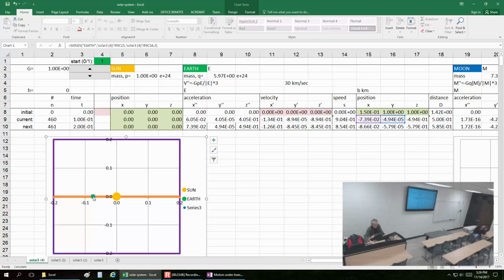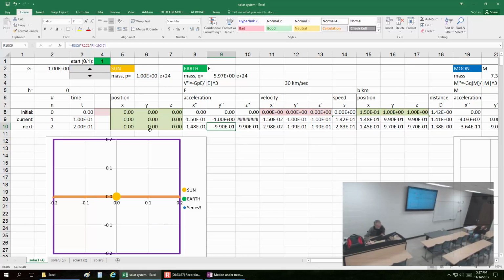Why is the number so small? The same numbers, and the number is just so small. Start with 1. Okay, let's start over. There's something messed up here. I have no idea what it is.